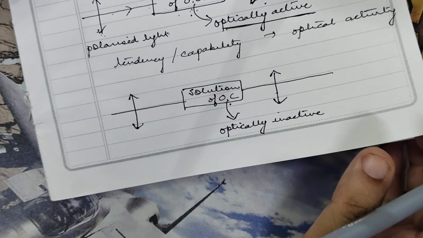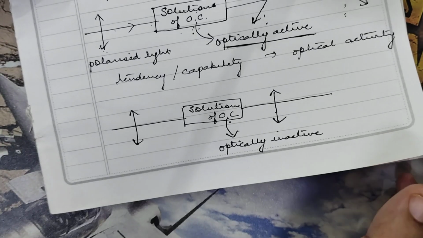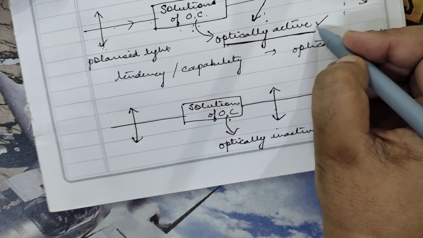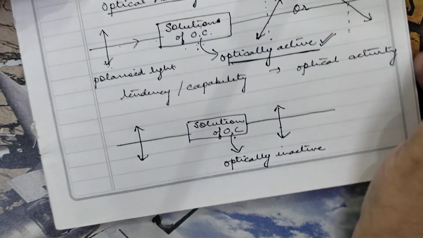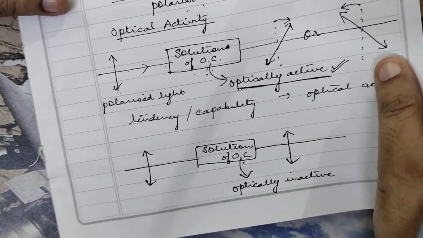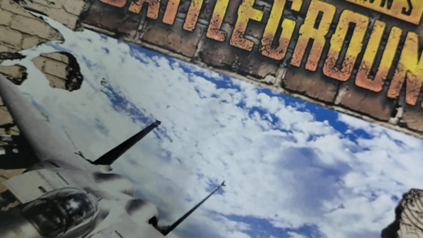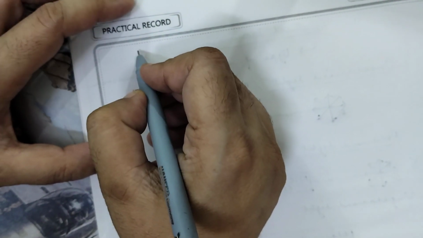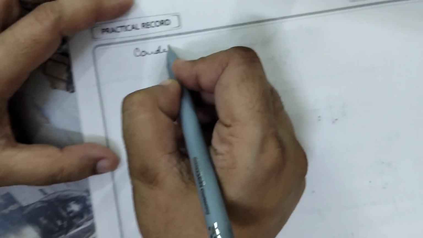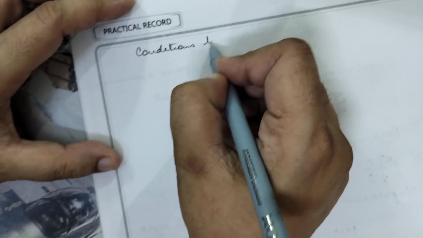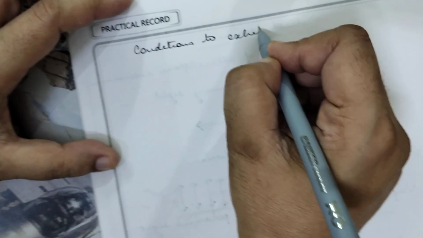Since we are talking of optical isomerism, we will be dealing with optically active compounds, that is those which can rotate the plane towards the right hand side or towards the left hand side. Now, what are the conditions to exhibit optical isomerism?